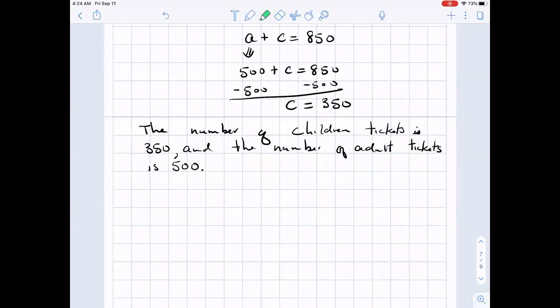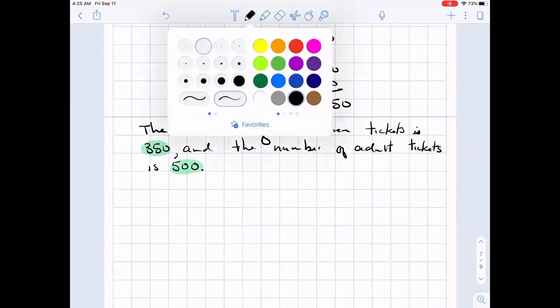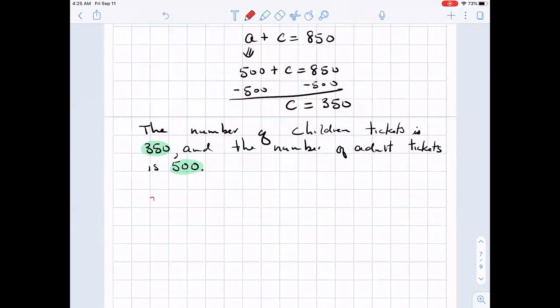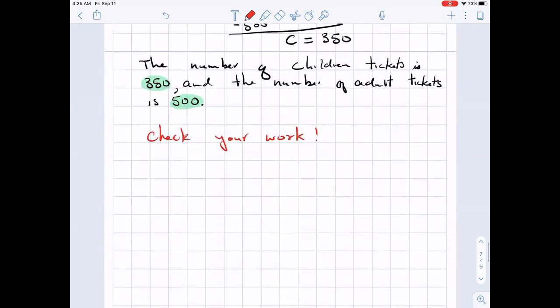So obviously here, okay, there will be more children than adults. And you should also, on your own, check your work. You must check your work. So as a little assignment for you, you can check your work and see if this makes sense.